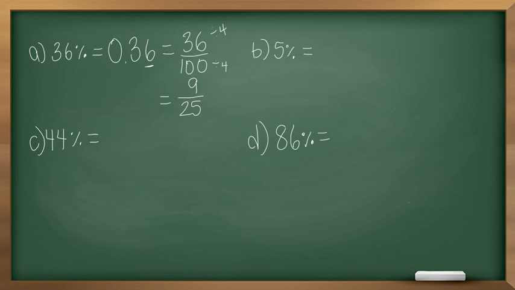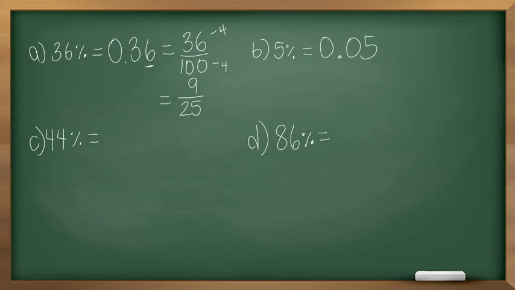Next, I'm going to look at B, which is 5%. And I have to be a little bit careful when I'm turning 5% into a decimal, because remember, percent is out of 100, so I want that 5 to be in the hundredths place. So remember, the hundredths place is the second one after the decimal. So I'm going to write 0.05.